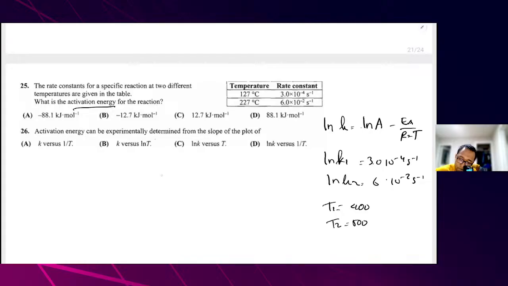So to get EA over RT, it will be ln k minus ln A, and then we can ignore this. So minus EA will be ln k and then T. EA is the same for both.